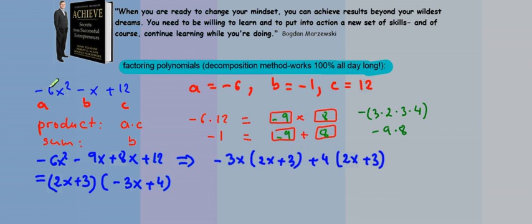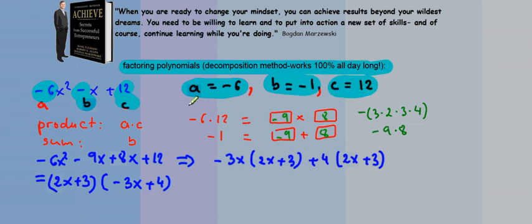So each trinomial has coefficients. The first is a, the value of that is negative 6. The second coefficient is called b, the value of that is negative 1. And the last, the constant value, is called c, and this is 12.